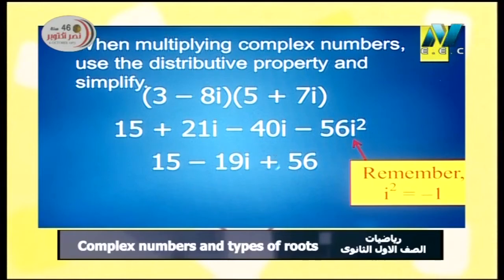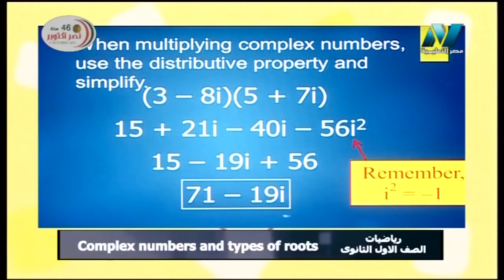The excellent student looks forward to 15 and 56. Now they are like terms. 15 plus 56 will be added together. The answer will be 71. And negative 19i has no like term with it, so it remains as it is, negative 19i. This is the answer.